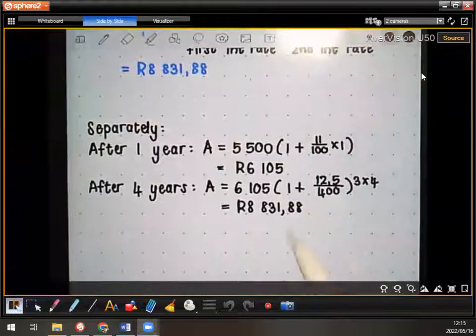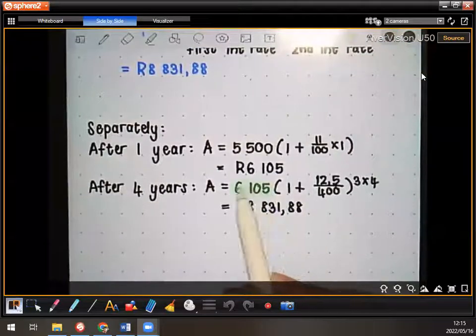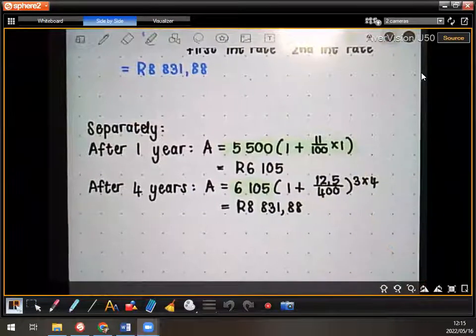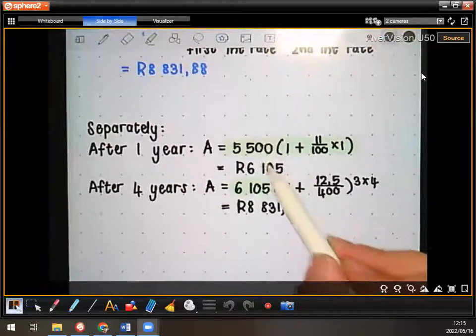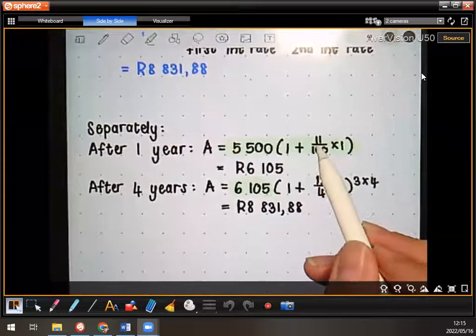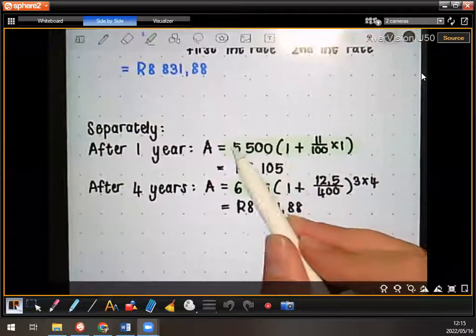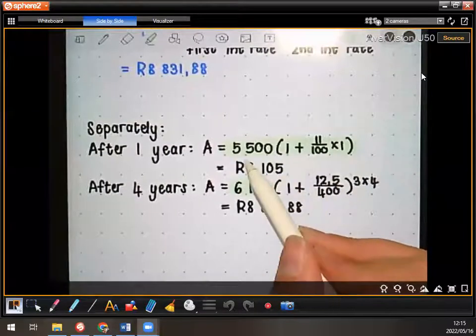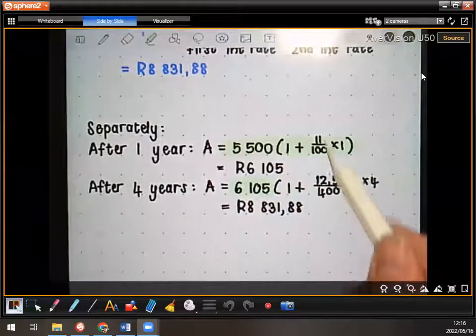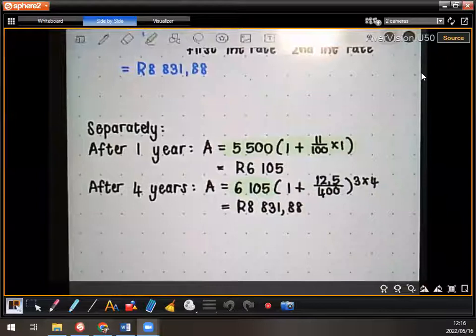But guys, isn't this 6,105 that you're using there? It's the same as that. So instead of doing a calculation to get that value, which if the interest rate gets more complicated, you might have a bunch of things more, you can just do the calculations kind of at once.